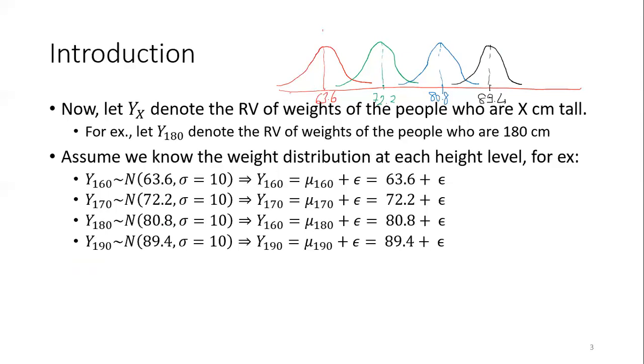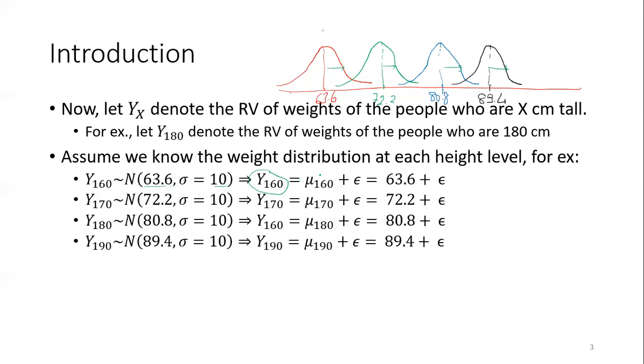But their sigmas are the same, so the dispersion around the mean is the same for all of them. The only change is that their means are different from each other. So how can I write this random variable? Recall, this is the random variable with mean 63.6 and standard deviation 10.